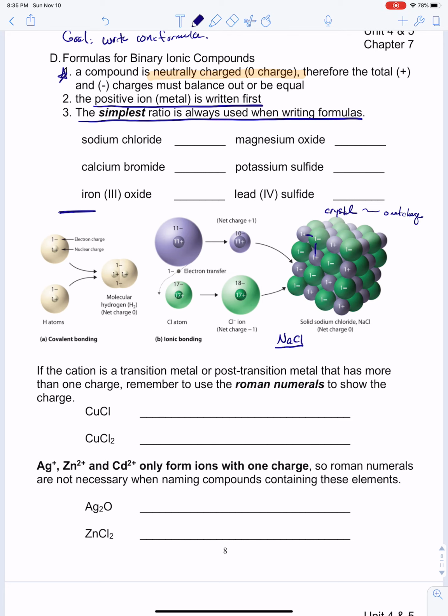Now, in sodium chloride, if we had 58 grams of sodium chloride, we would be talking about having 1 mole of sodium chloride.